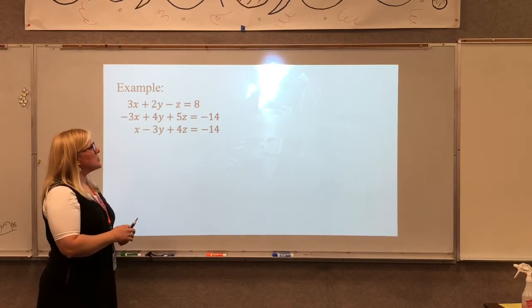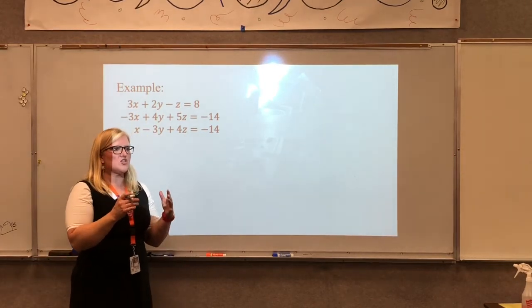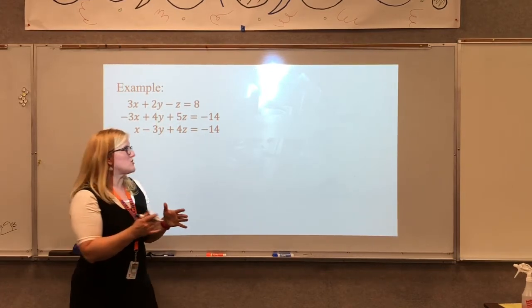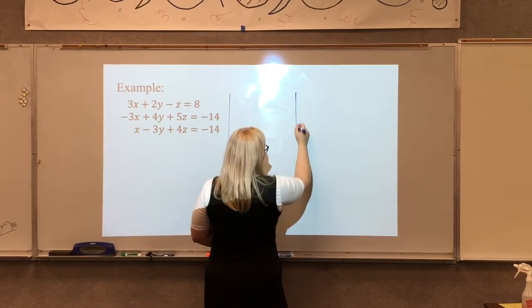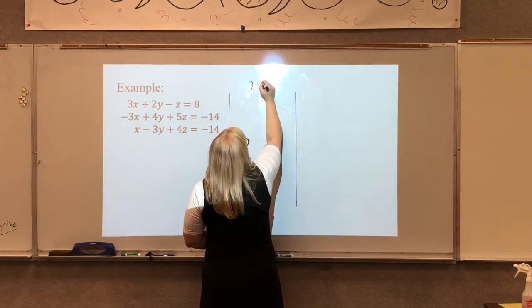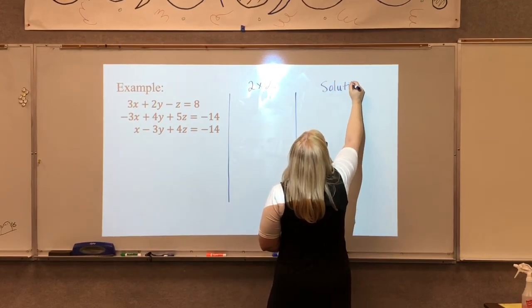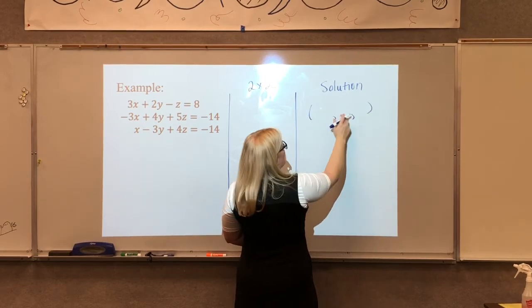All right, so the first thing that we're going to do is take a 3x3 system and make a 2x2 system. And sometimes what I'll do is I'll think of this in 3 categories. The solution is going to look like x, y, z.